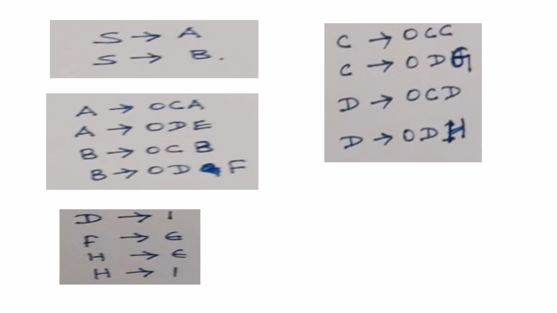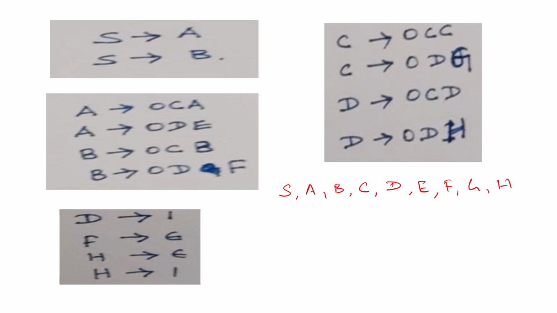And now we want to find which are all, because we are having the variables now S, A, B, C, D, E, F, G and H. We want to find whether all the variables are having the left hand side, so that we can find which are all the variables that are not having productions.